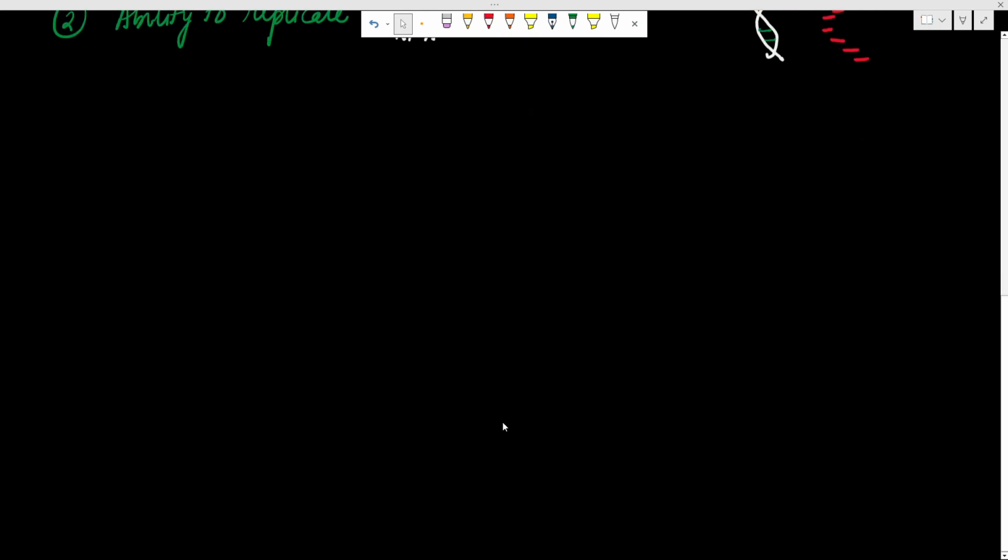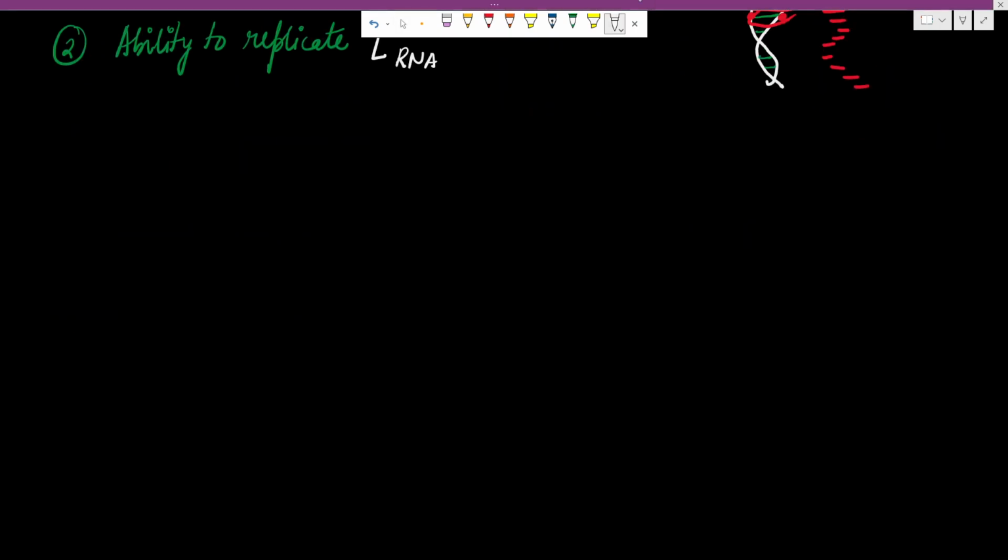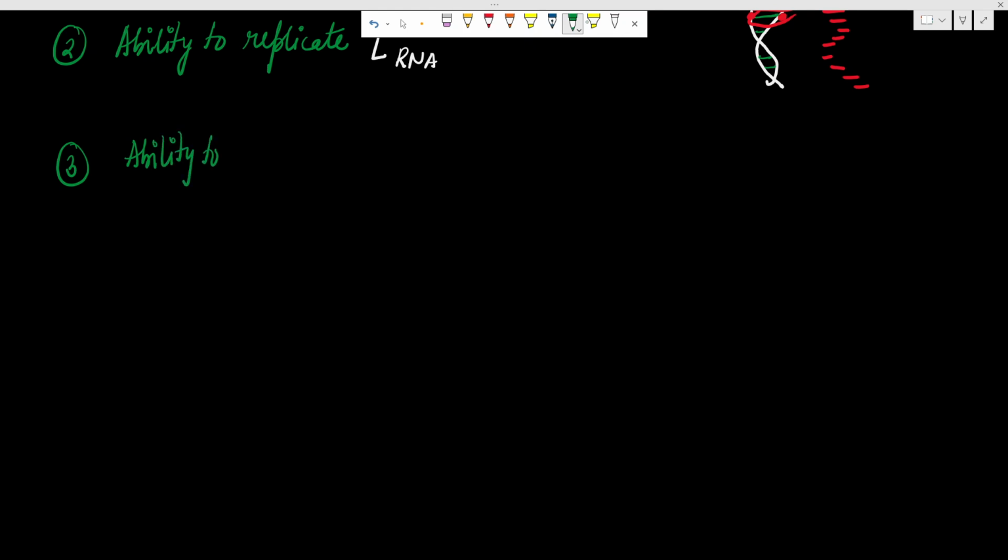What will be the next point? The third point which qualifies a molecule as the genetic material is its ability to show, very important, children, slow mutations.